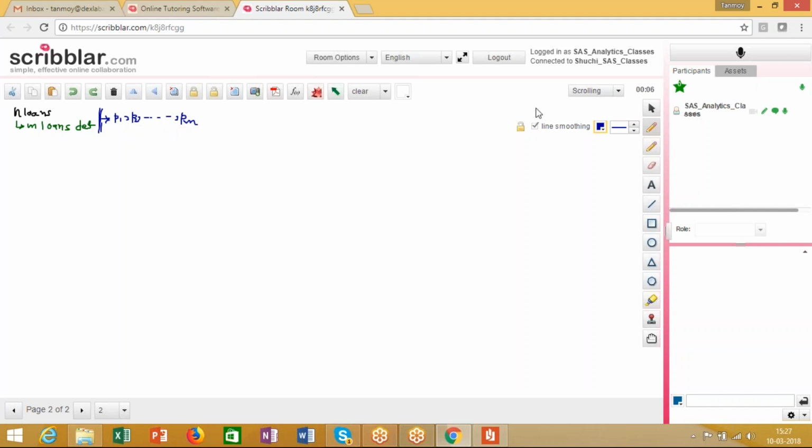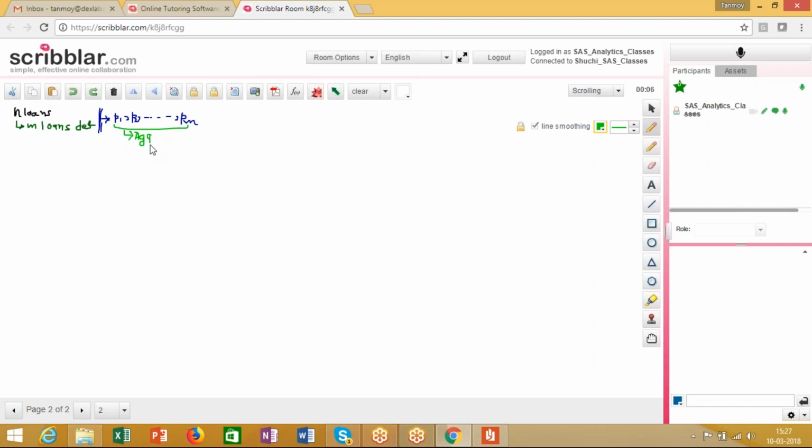Now from here, I want to aggregate all these probability estimates and report an aggregated measure of probability of default.